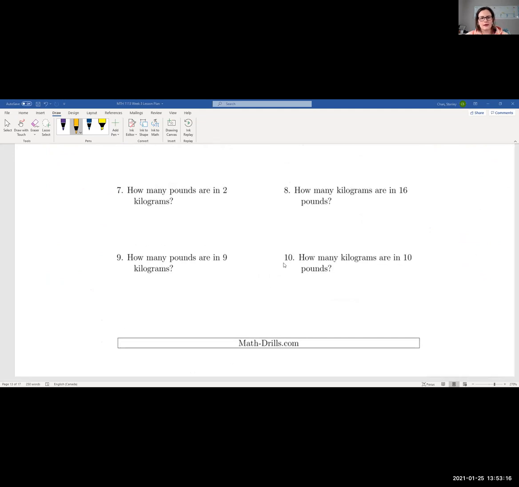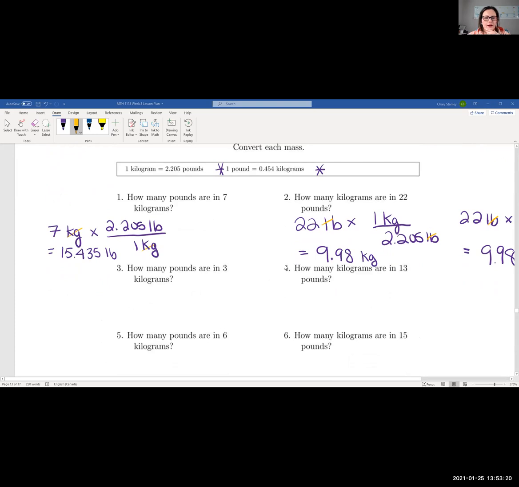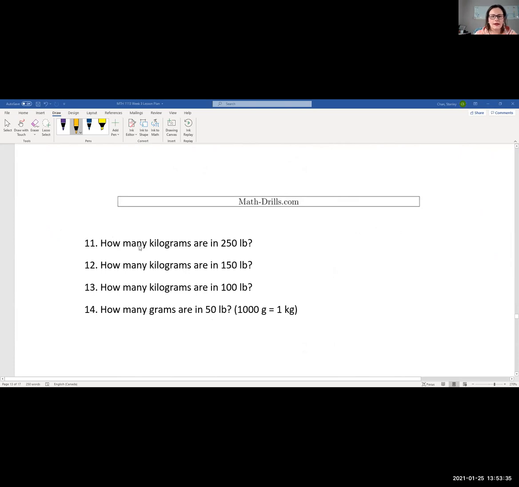All right. Once I've done it once, it's fairly easy to reproduce the pattern. All we have to do is make sure that the units we want are in the numerator, and the units we're dividing out are canceling out as well. Okay, so how many kilograms are in 250 pounds?